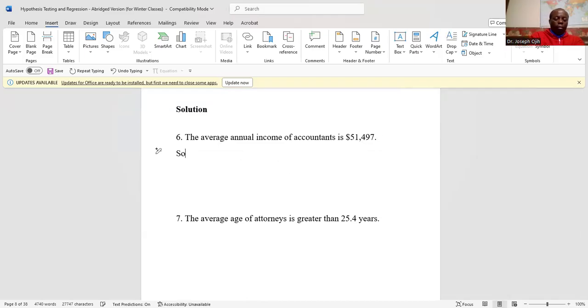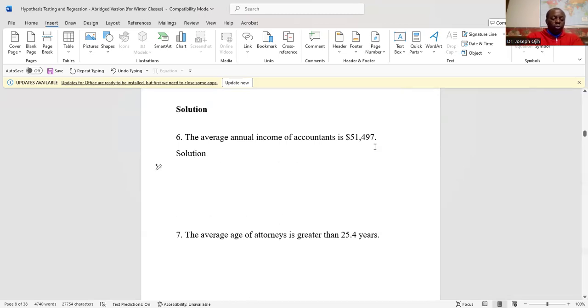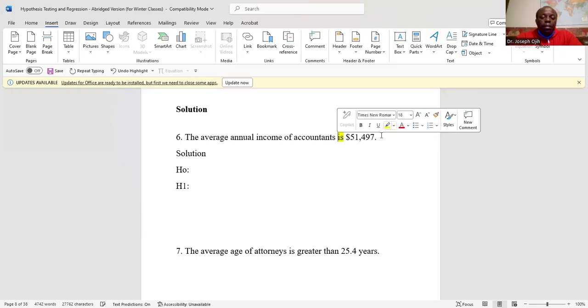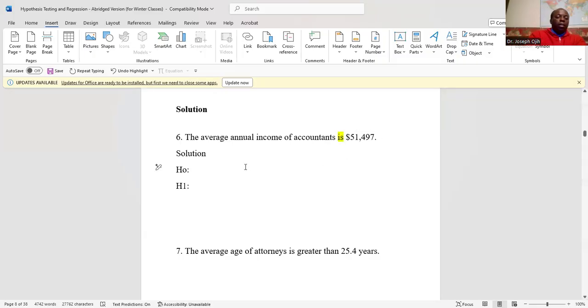For this one, the solution will be H0 and H1. See, "is" means equal. So H0 means the mean equals 51,497.